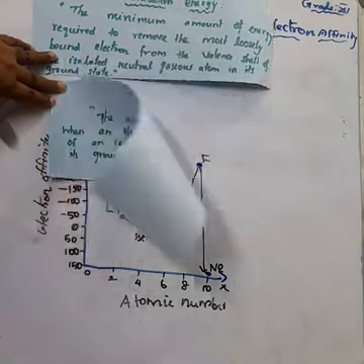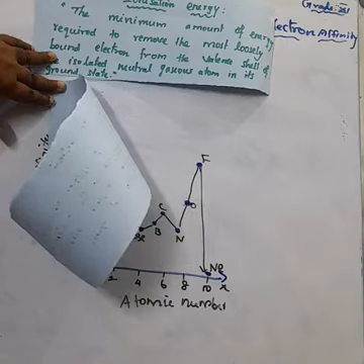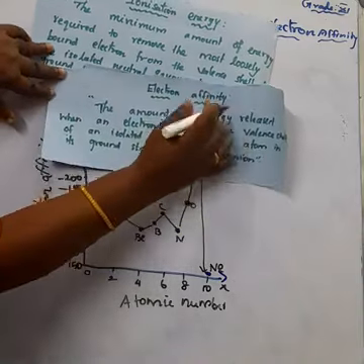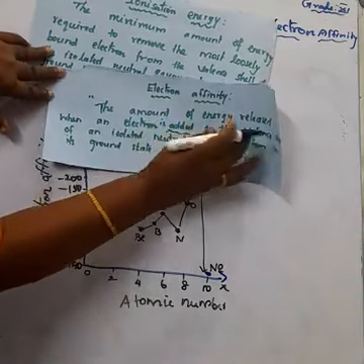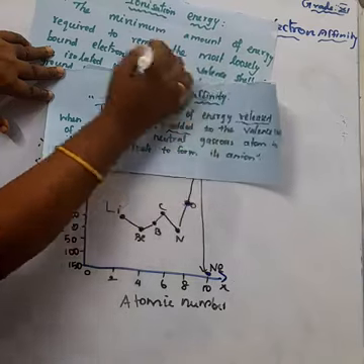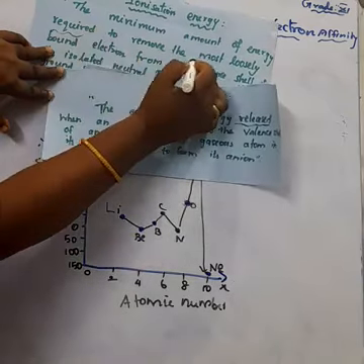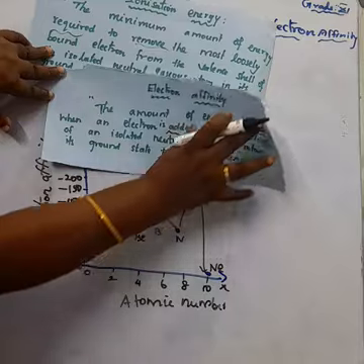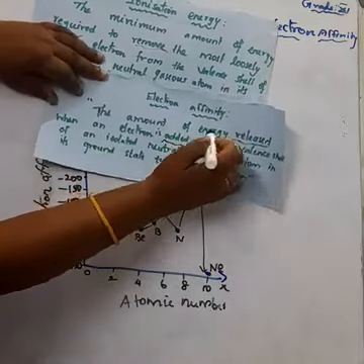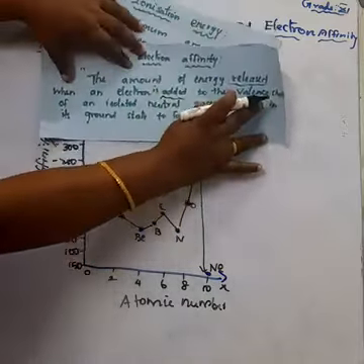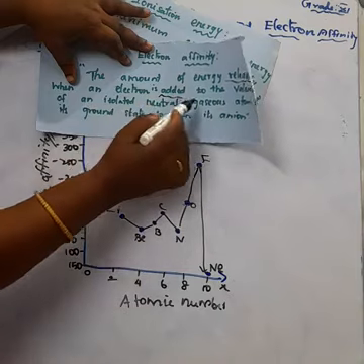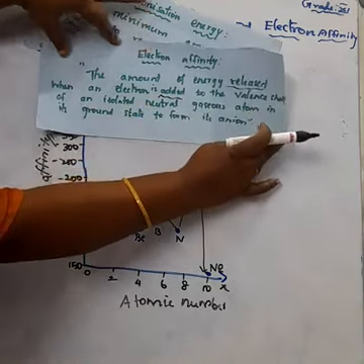But when we add electrons, the energy is released. This is the difference between ionization energy and electron affinity. Electron affinity means the amount of energy released when an electron is added to the valence shell of an isolated neutral gaseous atom in its ground state to form its anion.